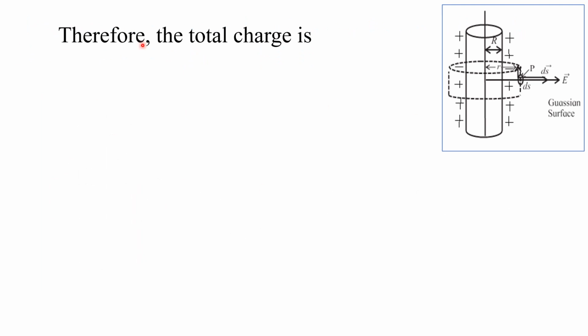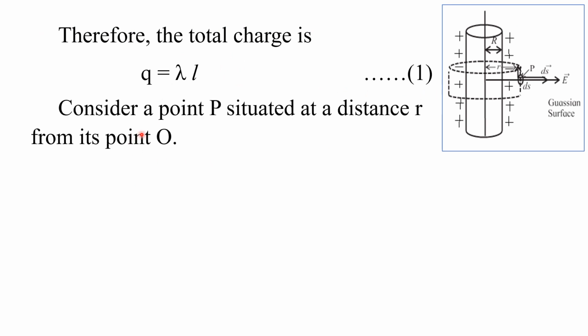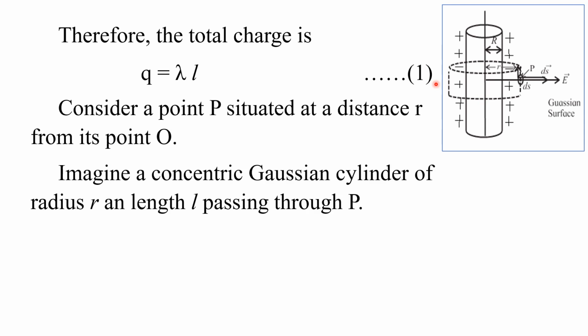Therefore the total charge is given by Q is equal to lambda L, equation number 1. Consider a point P situated at a distance small r. This is point P, situated at a distance r from point O. Point O is here, though it is not mentioned in the figure.